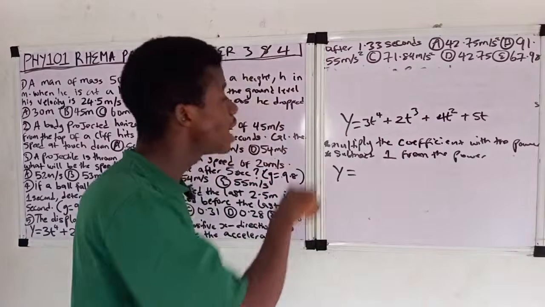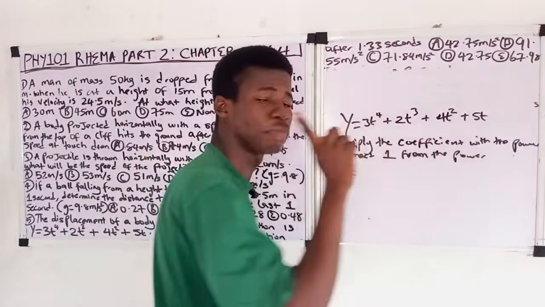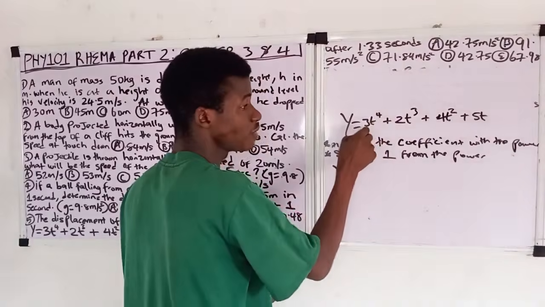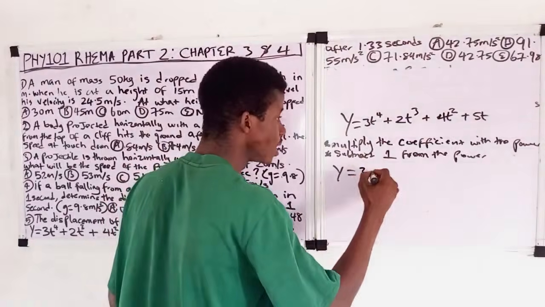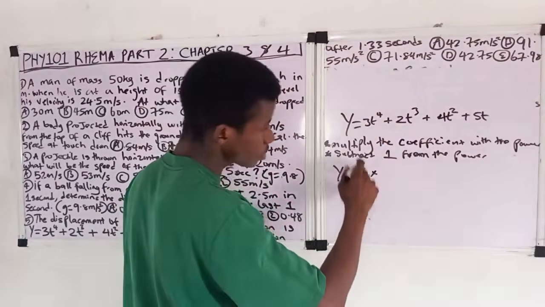Now let's continue. The first step we're going to do is what? Multiply the coefficient with the power, right? Yes. So let's start. The coefficient of t here is 3, right? So multiply 3 with the power.